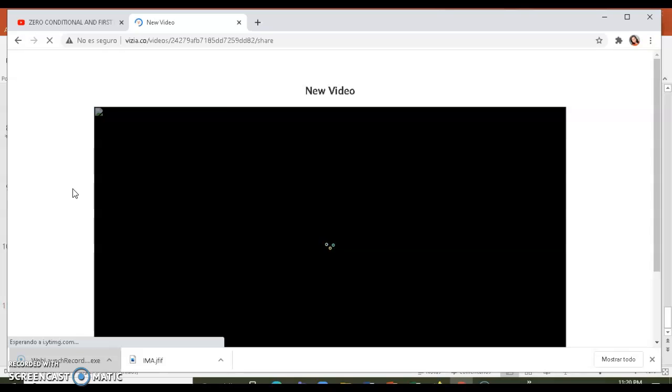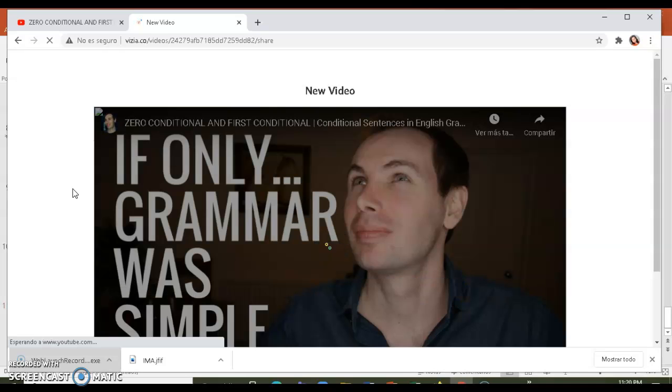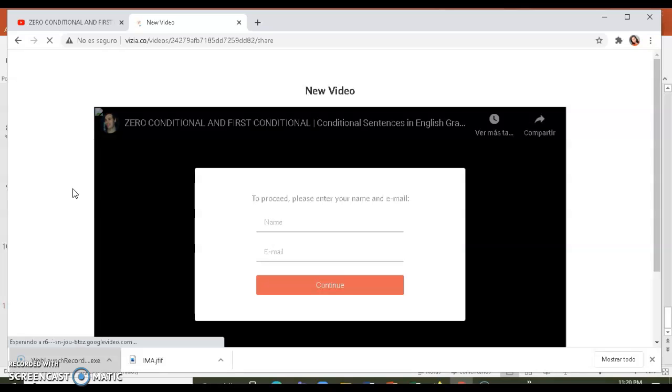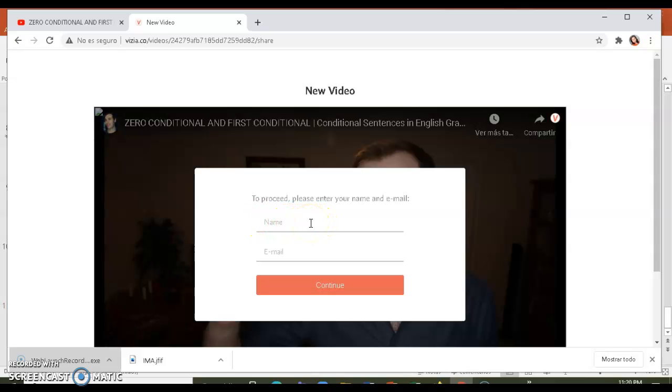This is very important. So be careful with your test. Remember, one more time, you have to write your names and your last name, and your email.